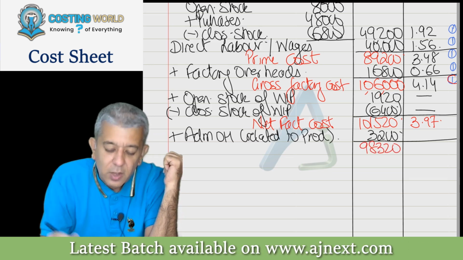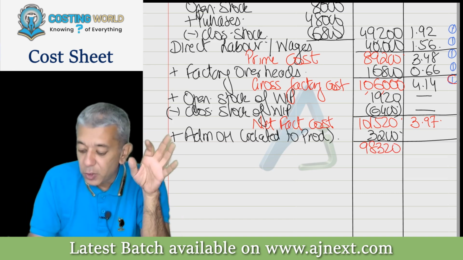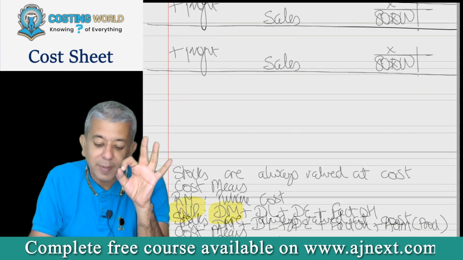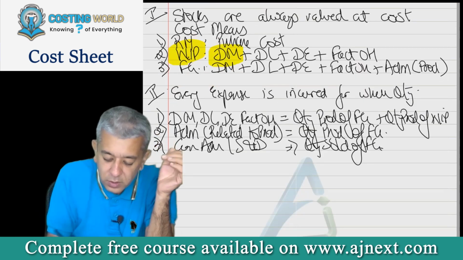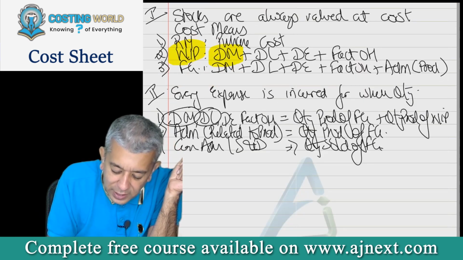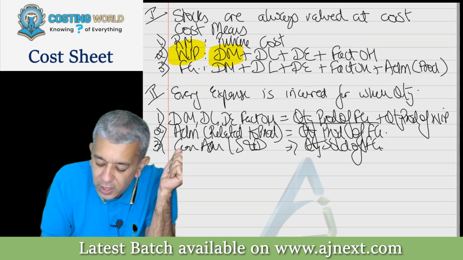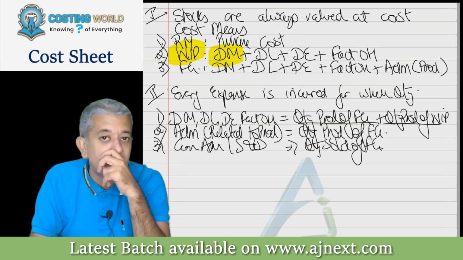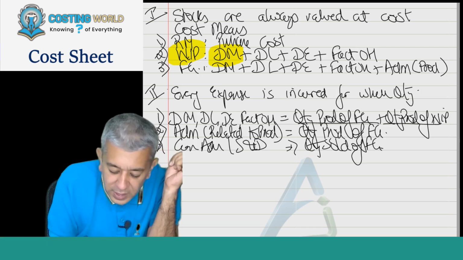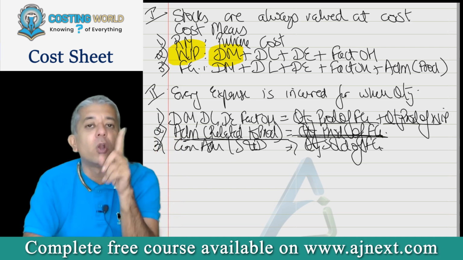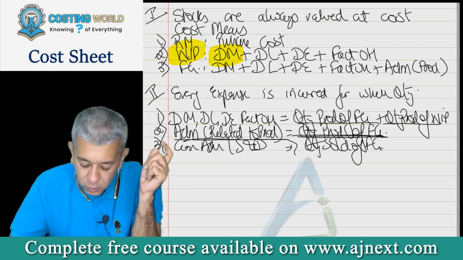Now see, whatever I'm writing today, you all have written it yesterday. We are just trying to solve the practical part of it. You check over here: direct material, direct labor, direct expenses, factory overheads, all of them are incurred for quantity produced of finished goods plus quantity produced of WIP. Administration, which is related to production, is incurred for only quantity produced of finished goods.